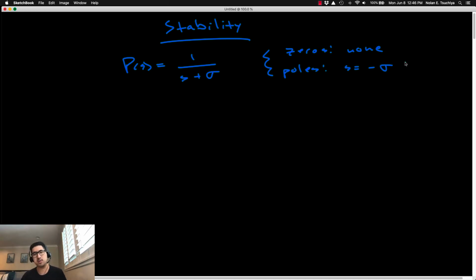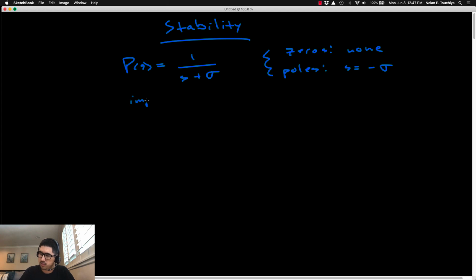Poles are values of s that make the denominator equal to 0. We've done a little bit of analysis of the system poles, and we've seen how they correlate to the behavior of the system. So for this generic first order system, we have one real pole at negative sigma.